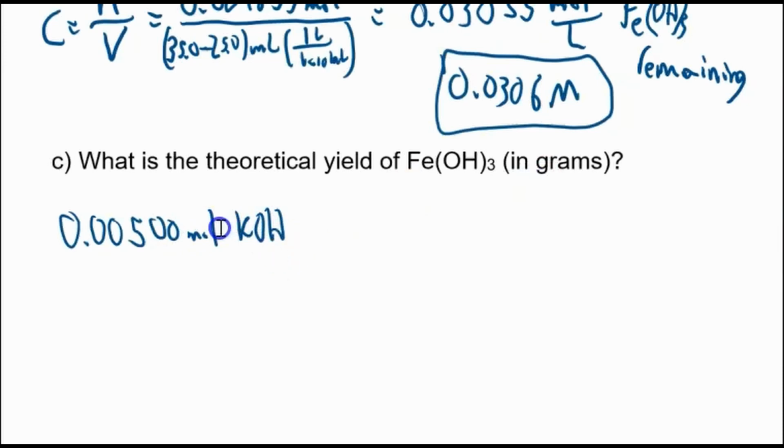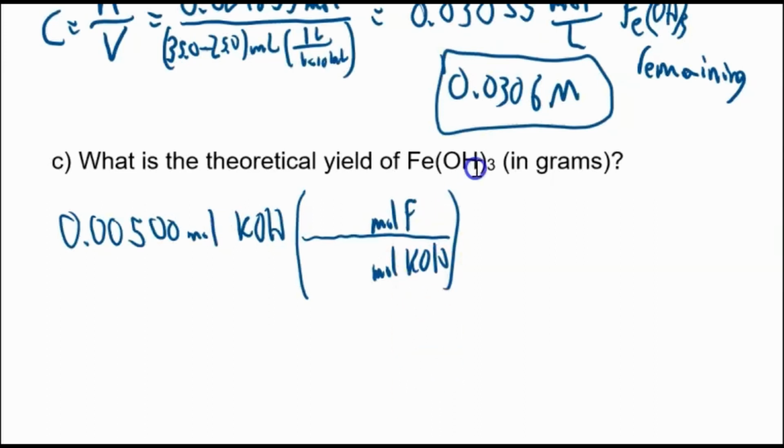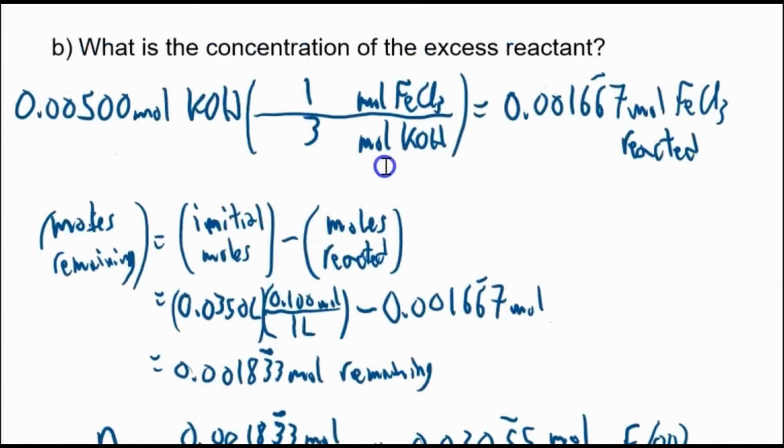Every time we go from one compound to another in a balanced equation, we need to do the mole bridge. We want to cancel out moles of KOH, and we want moles of Fe(OH)3. I feel like I did FeCl3 somewhere else too.